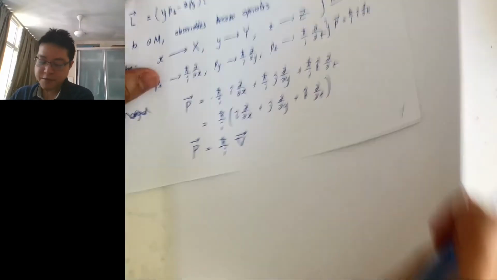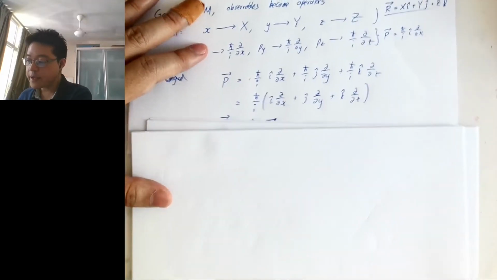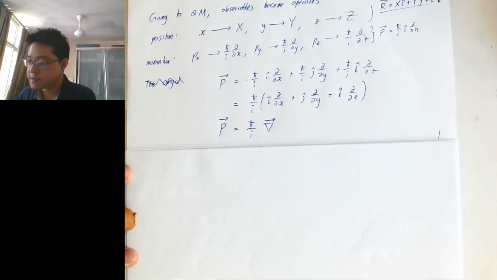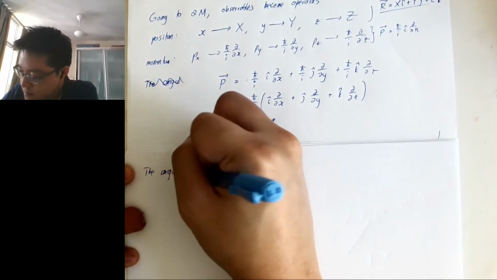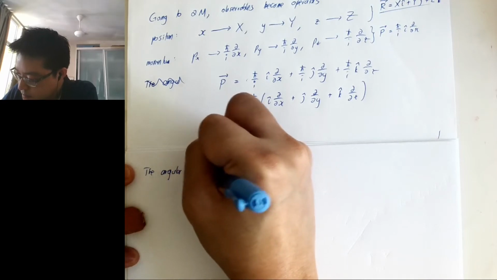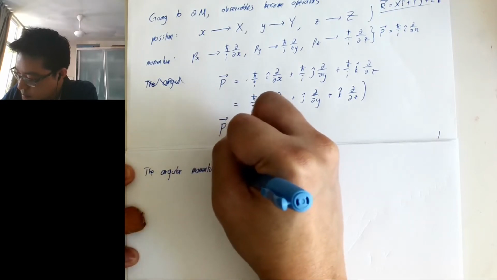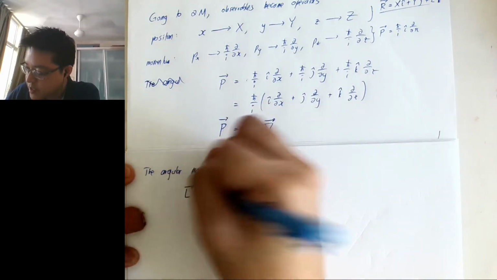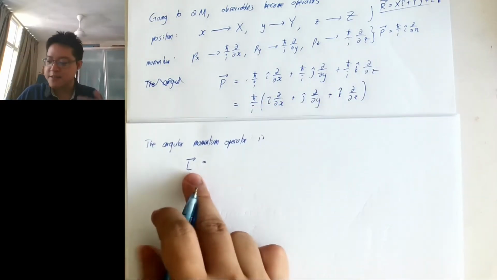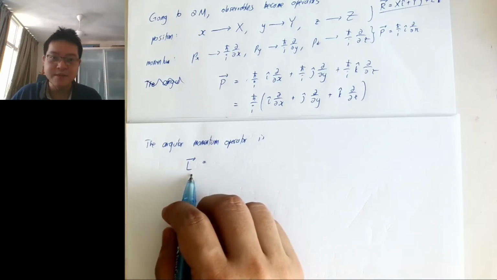So now our expression for the angular momentum operator is written as the following. Well, we just change, so I'm still writing L here because I'm running out of symbols to use.